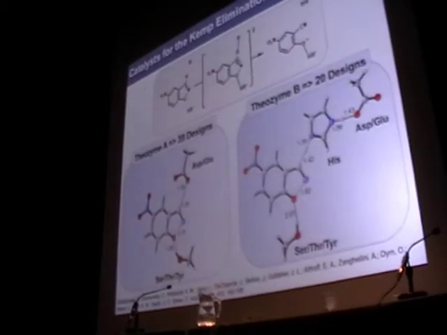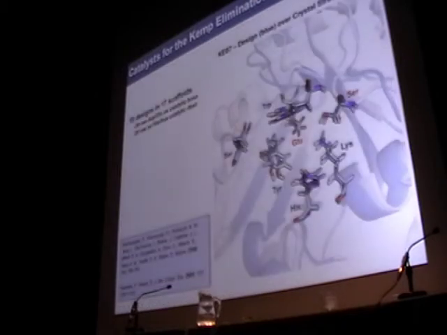And here are some results for this particular reaction. Two different kinds of active sites were studied, with just a carboxylate doing the deprotonation or a catalytic dyad doing the deprotonation. In some cases, crystal structures of these designed proteins have been obtained, and here's an overlay of the design in blue of the active site of one of the Kemp eliminases, as we call them, and in white, the crystal structure.